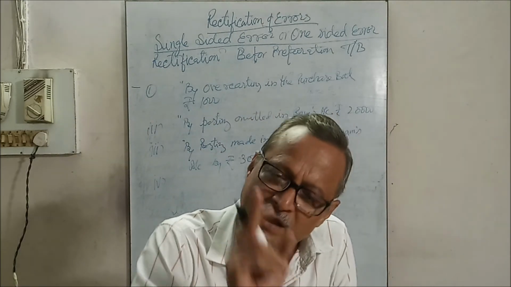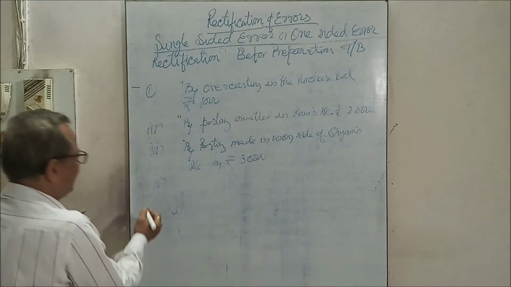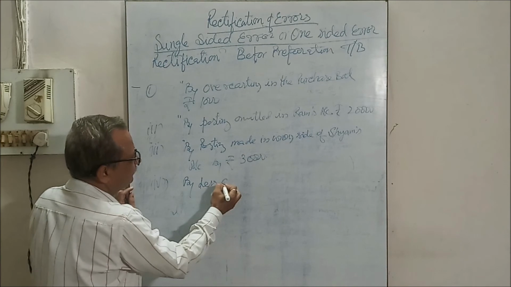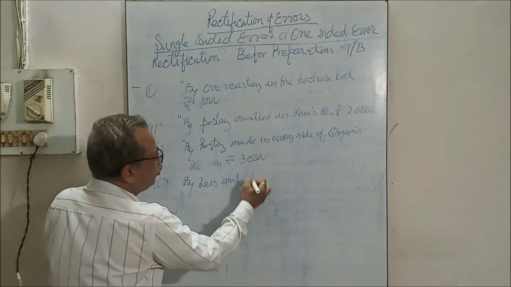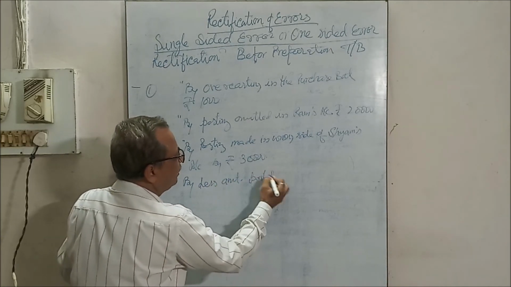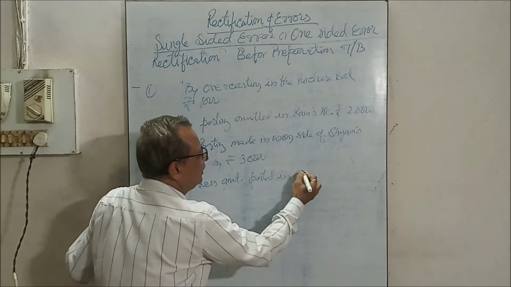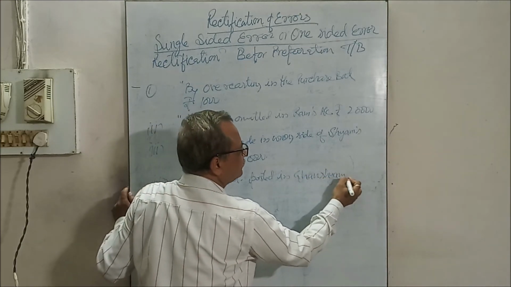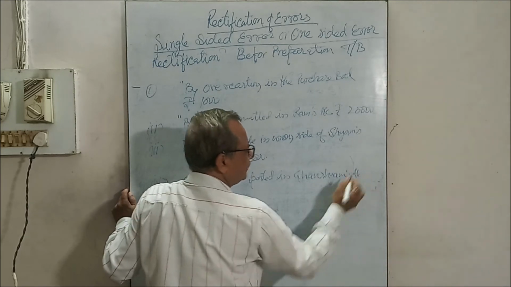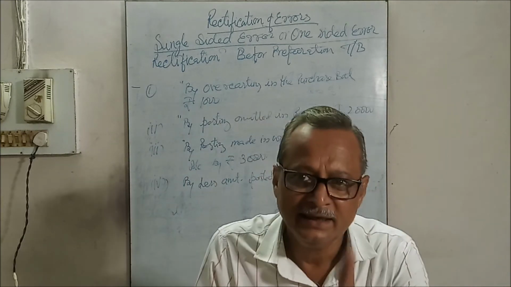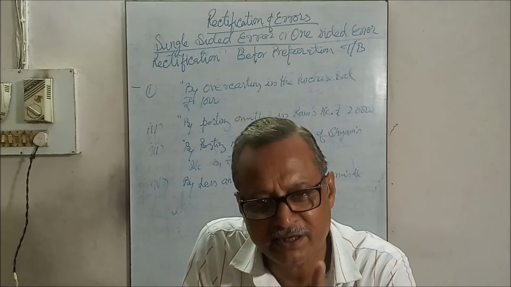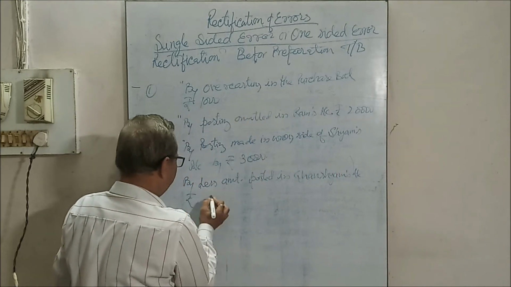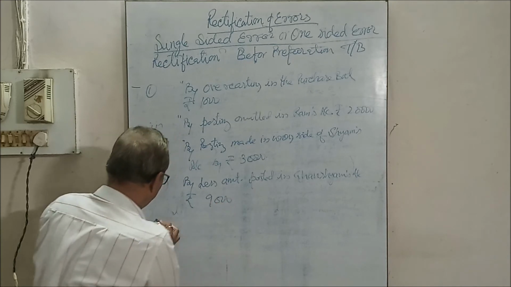So on the credit side, less amount posted, by less amount posted in Ghanshyam account. The amount of difference is 10,000. In place of 10,000, it was written 1,000. So 9,000 rupees.